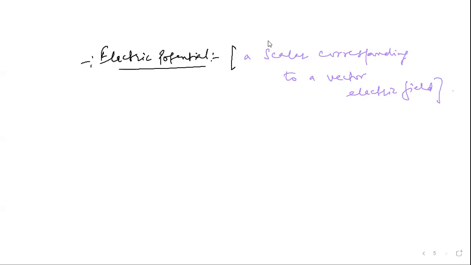We know if we have, for example, a positive point charge, then surrounding it there is an electric field, which we already know can be represented by the electric lines of force.